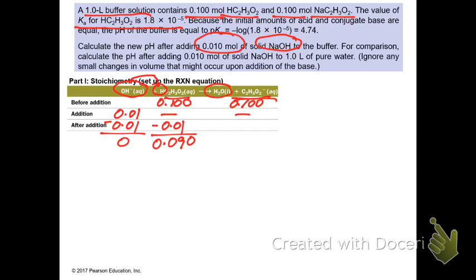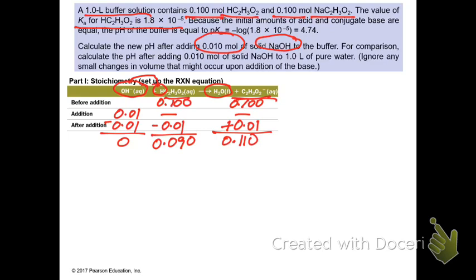So instead of subtracting 0.01 here, we're going to add 0.01. Again, you're generating additional moles of the conjugate base. And so add them together and we have 0.110.